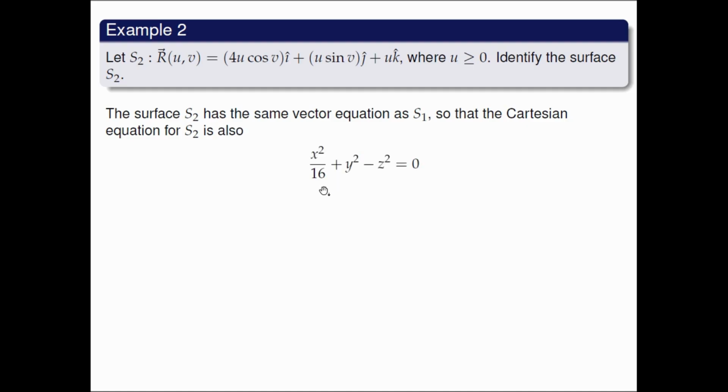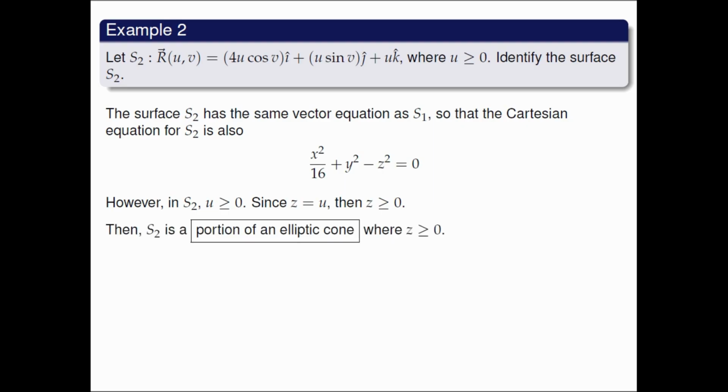So it's also x squared over 16 plus y squared minus z squared equals 0. Pero dun sa S2, u is greater than or equal to 0. Since z equals u, then z is greater than or equal to 0. So S2 is not the entire elliptic cone, but a portion of it where z is greater than or equal to 0.